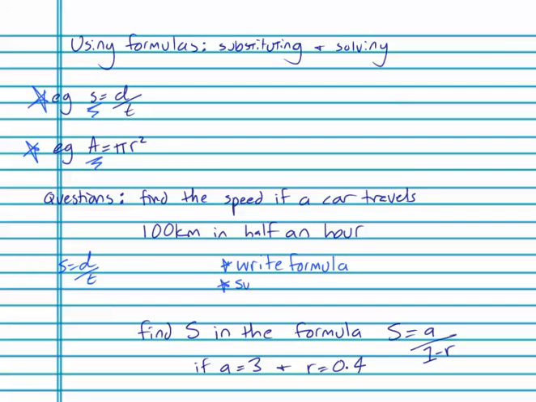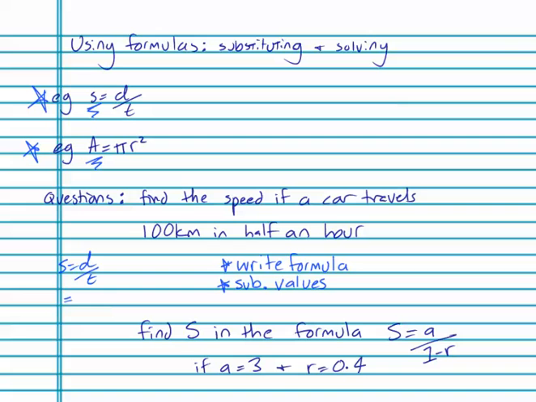Then we substitute in any values that we know. Now sometimes it's very useful to substitute the values and the units. If we don't have units or we don't feel like it, that's okay, we don't have to. I'll work this one out with putting our units in.